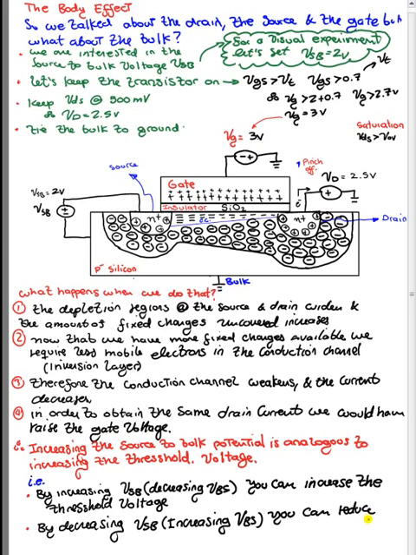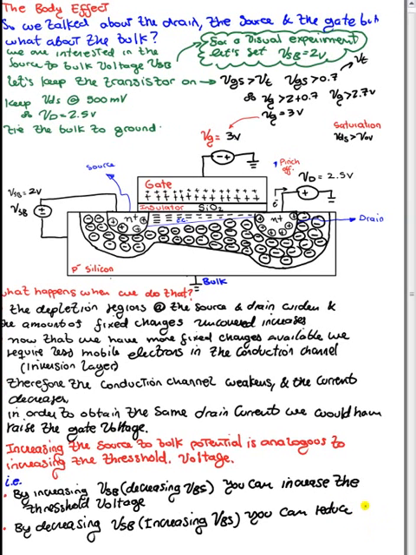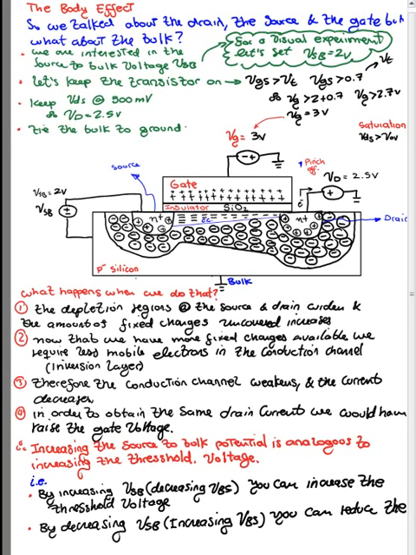They use that a lot, or they have done some research to see how they can actually do that, to operate at lower voltages, right? Okay, and so that's the body effect.